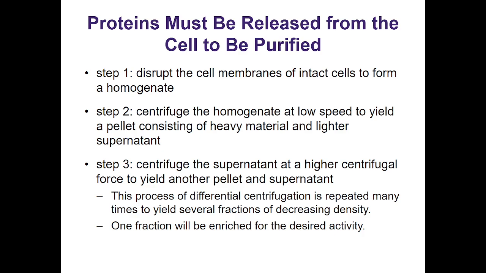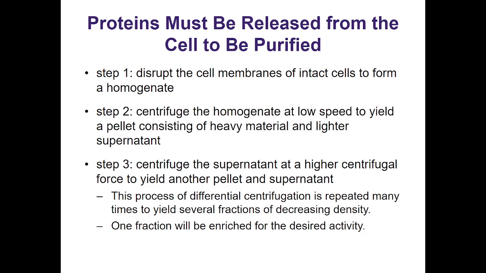Step two would be to centrifuge the homogenate at a low speed. This will yield a pellet consisting of heavy material and light supernatant. So you'll get really big things like your cell membrane if it mostly stayed together. DNA can come out if you spin it too high. You can modulate how fast you spin it.